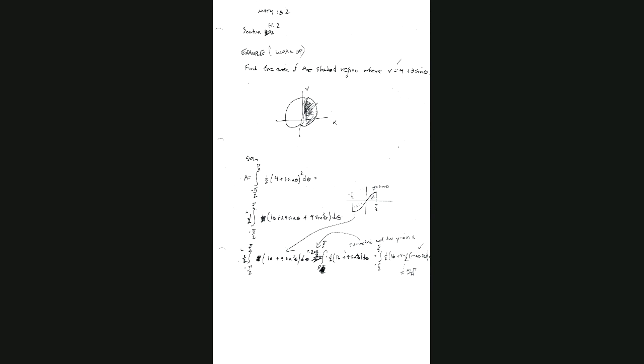And it works. We get 41 pi over 4. And that's what WebAssign is going to want.